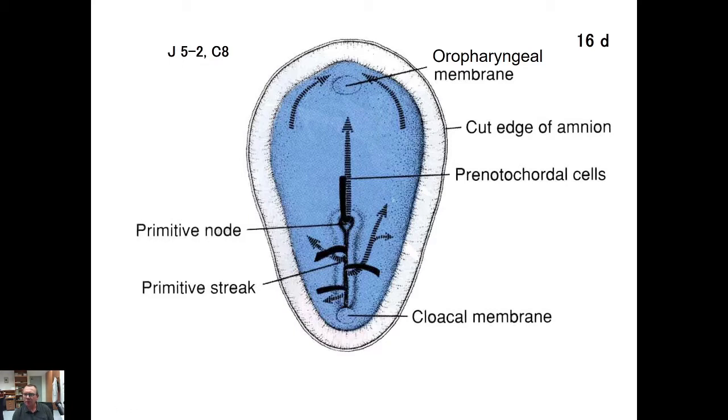The cells of mesoderm are migratory. They lose their contacts, they lose their cell adhesion molecules, and they migrate according to these arrows. They migrate to the whole space between ectoderm and endoderm. Now we can use these terms, and they fill it. They even migrate to the most cranial area of the embryonic disc, to this zone between the new oropharyngeal membrane and the rim of the disc.